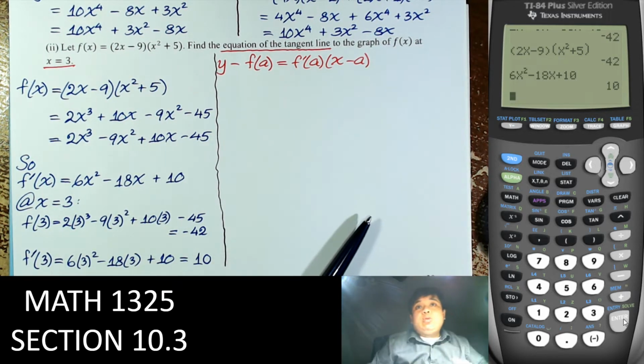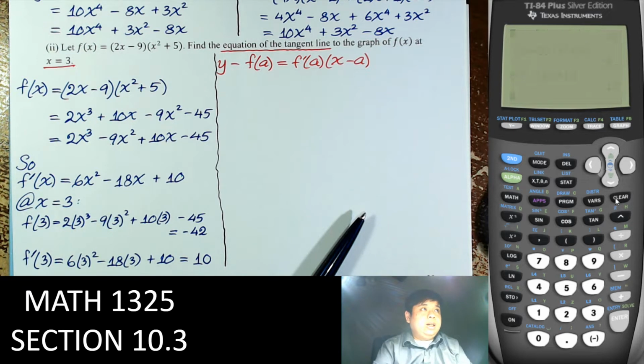Right. Just want to show you this quickly. This calculator can find the derivative at a point. So if we want to, we can do this. Math, option number 8. So we find the derivative with respect to x. This is the notation for derivative, d over dx.